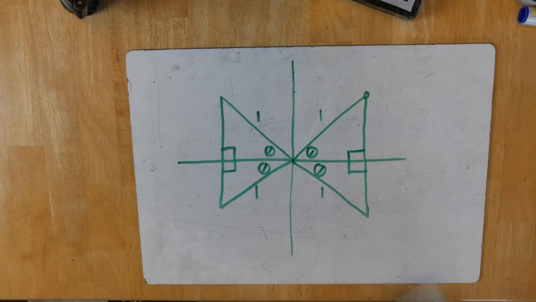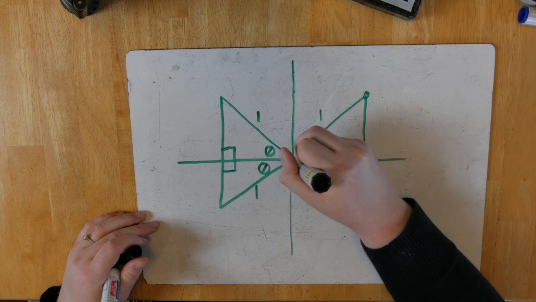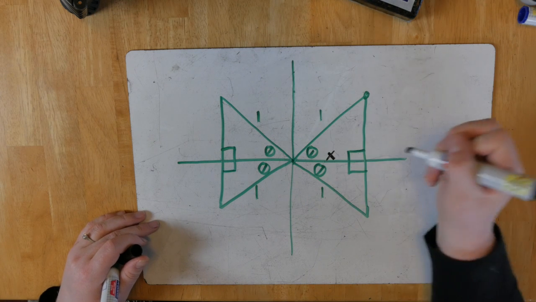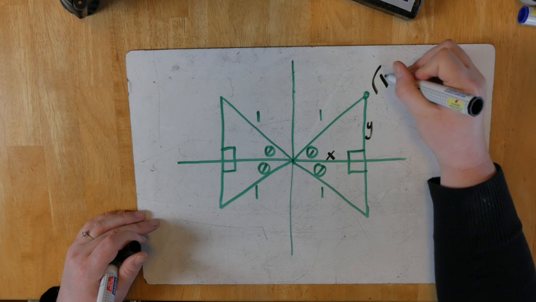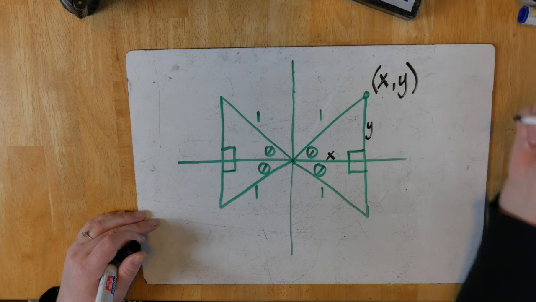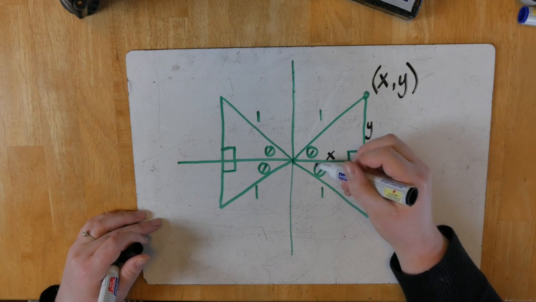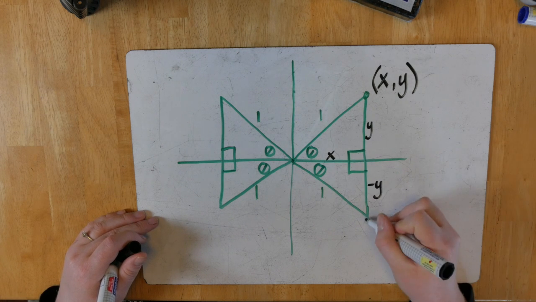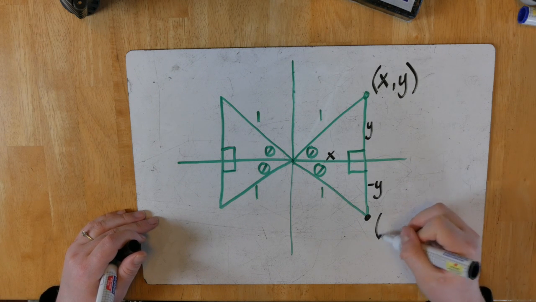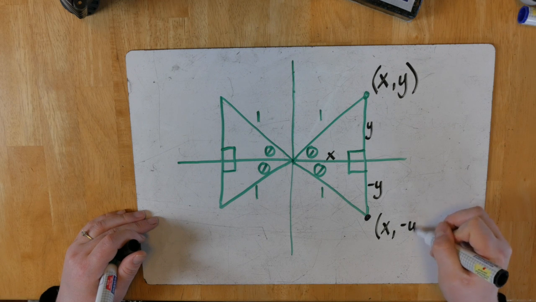And we do that by traveling along the triangle legs. First we travel along the positive x-axis, and then along the positive y-axis, and that gets us to the coordinate point x, y. In quadrant 4, we travel along the positive x-axis, then along the negative y-axis, and that gets us to the coordinate point x, negative y.